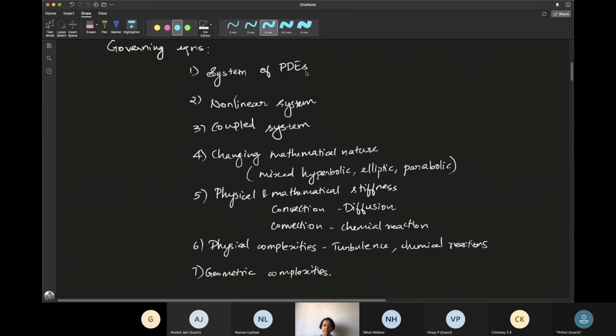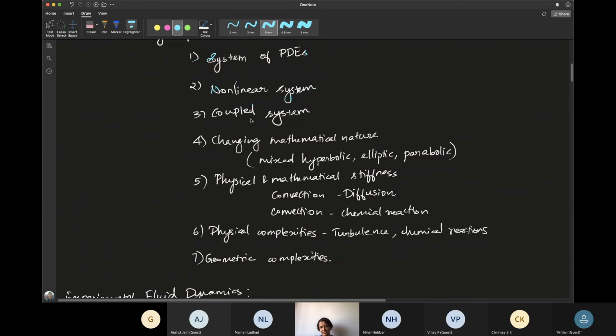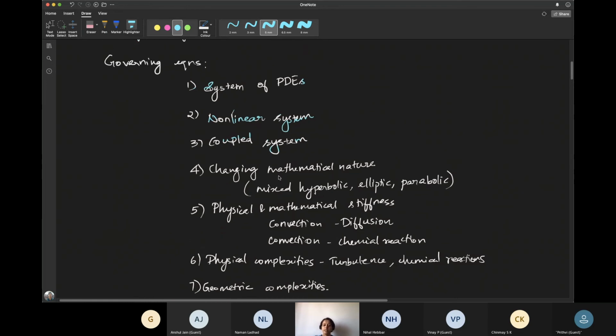We have a system of PDEs. We have talked about it extensively. They are nonlinear, which also causes some difficulties, and the system of equations is coupled. So these are some major problems. And fluid flow happens in a big region or big domain. In that domain, in some regions, your flow may be hyperbolic.